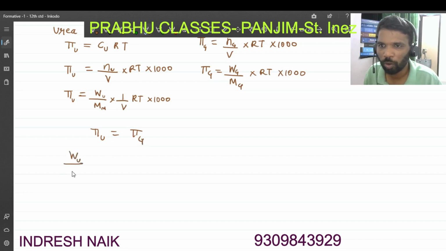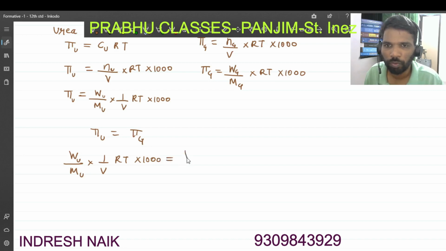Pi urea equal to pi glucose will be equal to what? Weight of urea upon molar mass of urea, into 1 by V RT into 1000, is equal to weight of glucose upon molar mass of glucose, into RT into 1000.